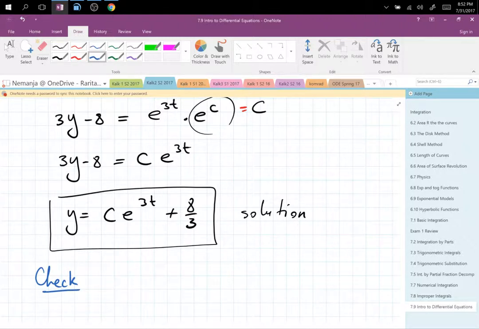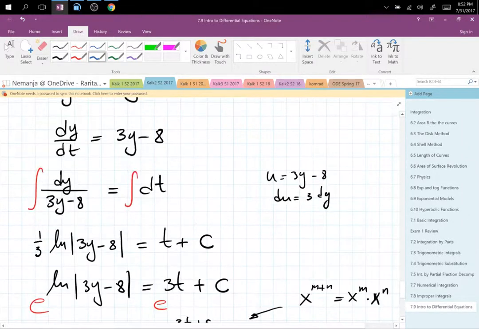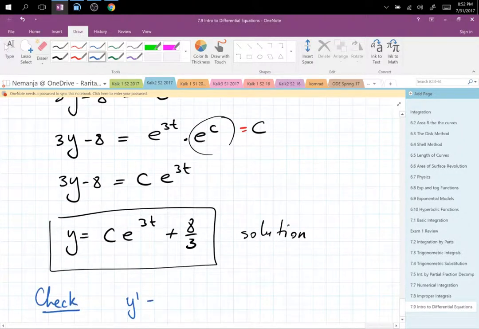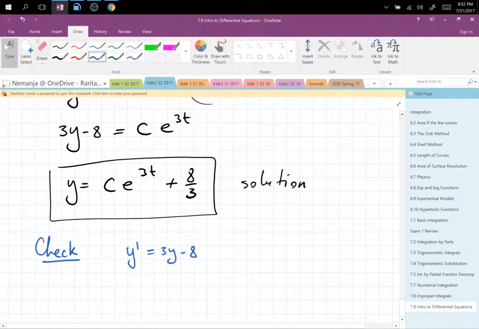So now we have what y is equal to. We also have the differential equation, y prime equals 3y minus 8. All I need to do is to plug in, and if the equation works, it's correct.